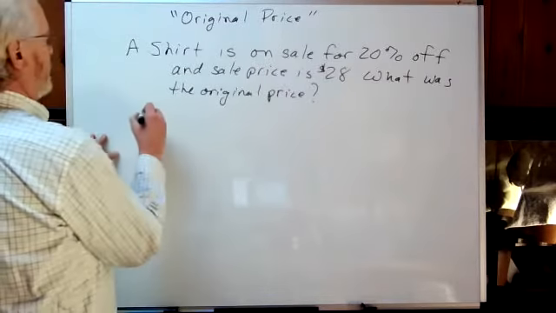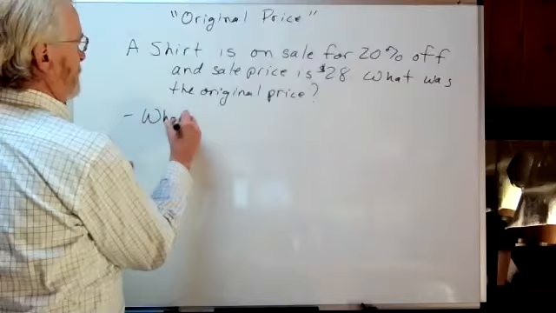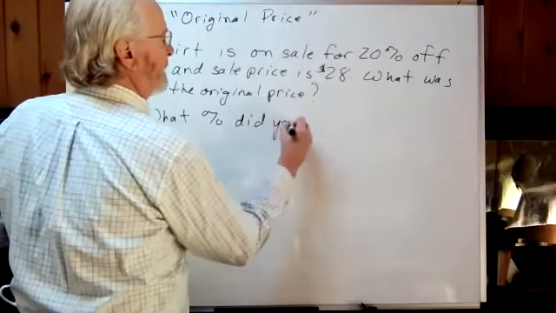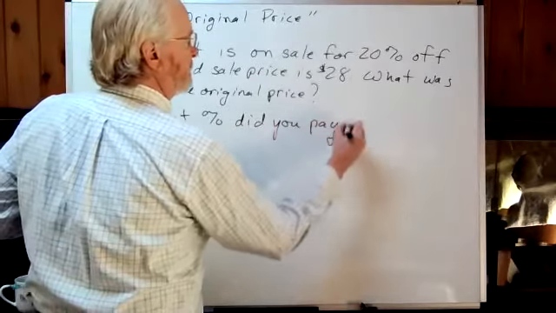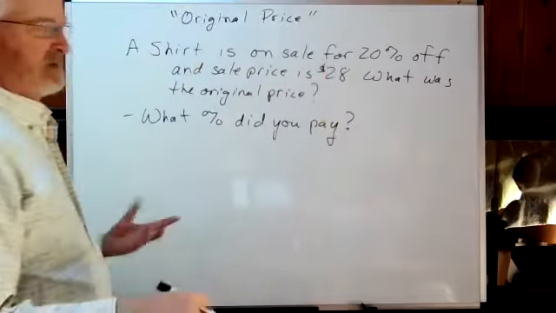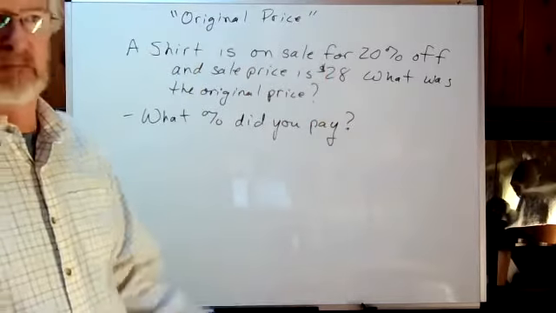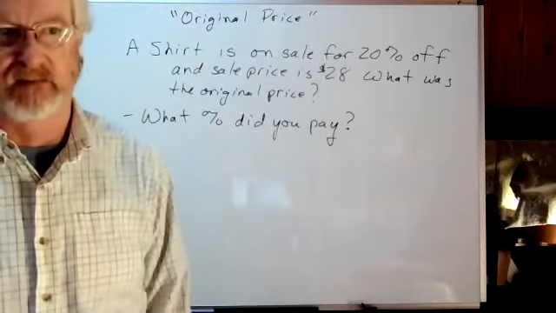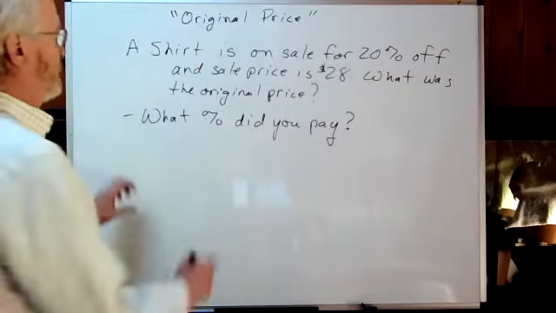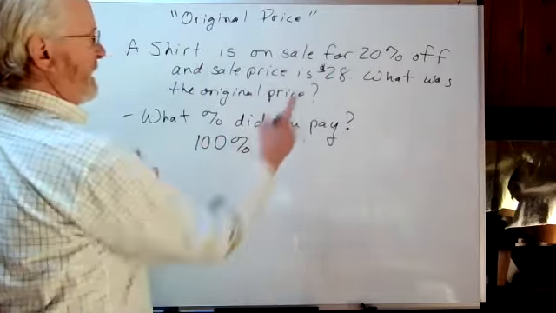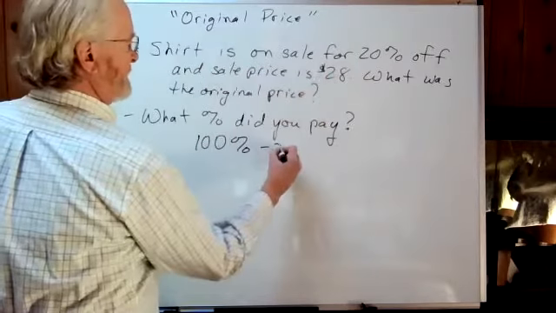First, what percent did you pay? 28, okay, that's after the 20% off. If it's 20% off, what percentage is the 28? Start at 100% and it's on sale, so I subtracted 20%.